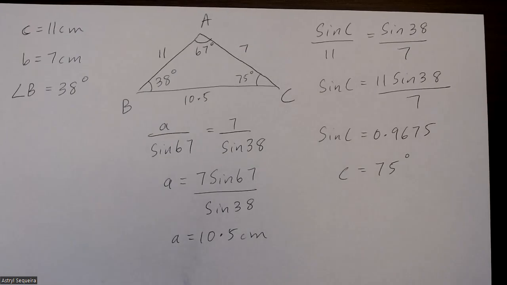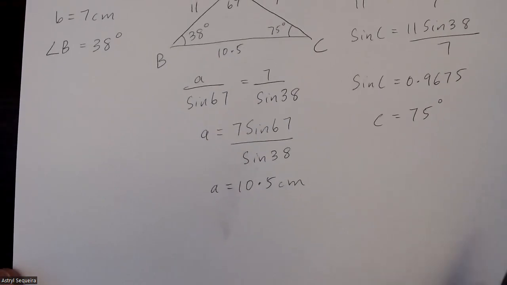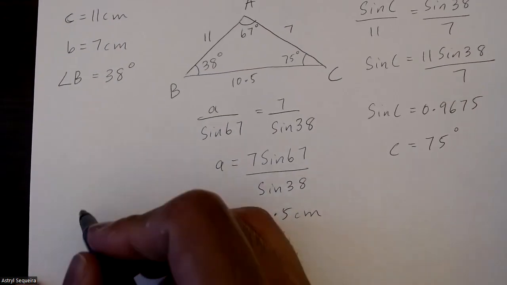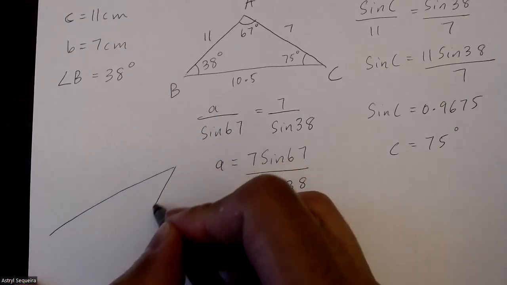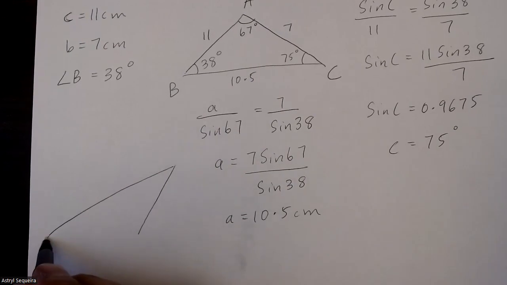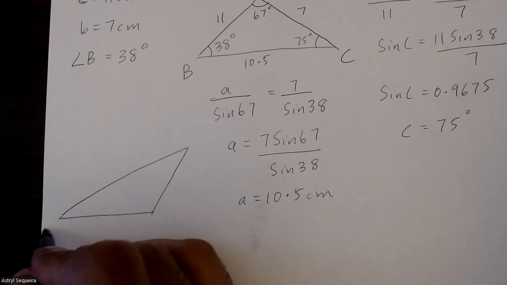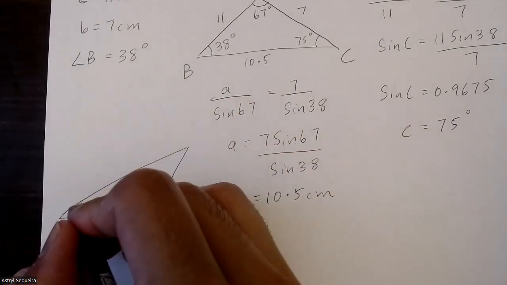Now I want to try the second triangle, see if that one works or not. So I'll draw the second triangle over here. Your second triangle is always an obtuse triangle. So I draw my triangle like this. This is also going to be b, the same as this with the information given in the question.